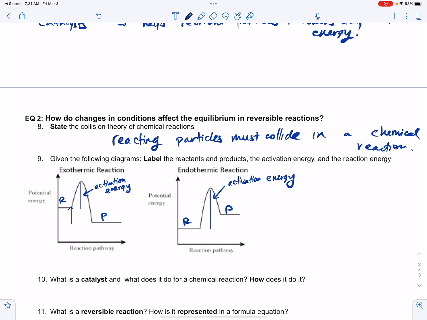This. Of reaction. Okay? And here, the difference between the reactants and the products is the energy of the reaction. Okay?